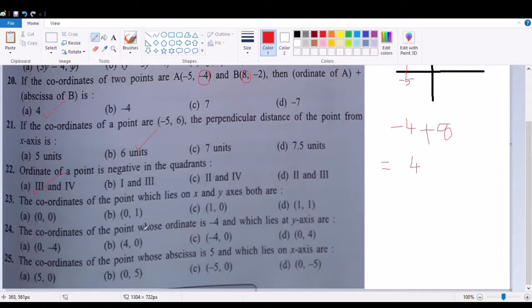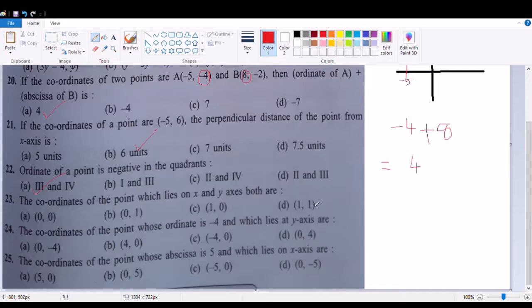Then the coordinates of a point which lies on x and y-axis both are. So we have to find the coordinates.